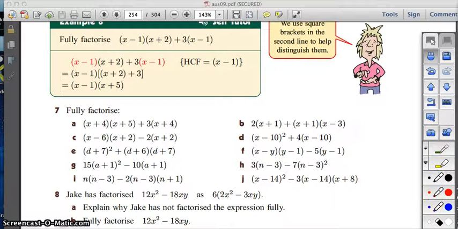I said to you before that if we have something common, which is the x take 1 and the x take 1, that goes out the front. They're common, okay? So x take 1 goes out the front, and whatever's left over goes inside the next bracket. I've just spoken about that. So x plus 2 is there, plus the other 3.